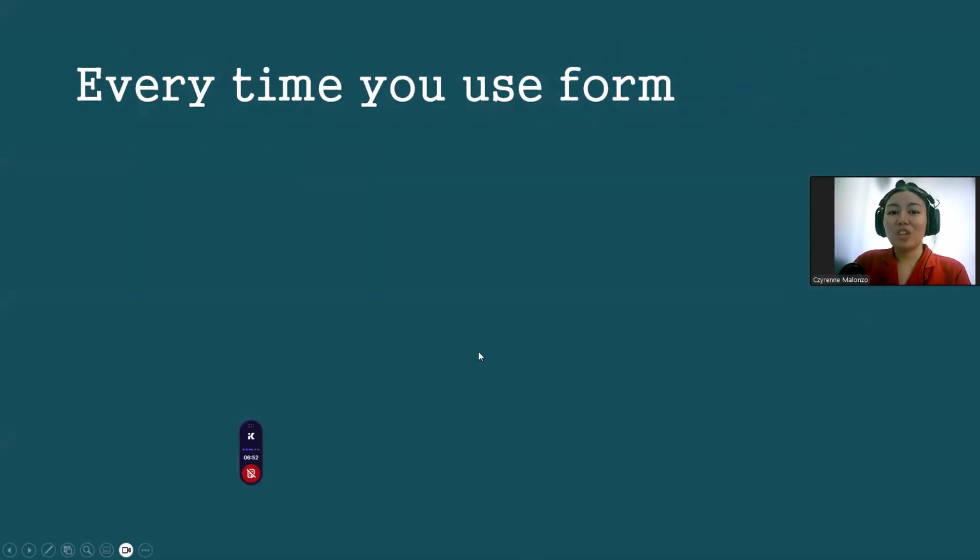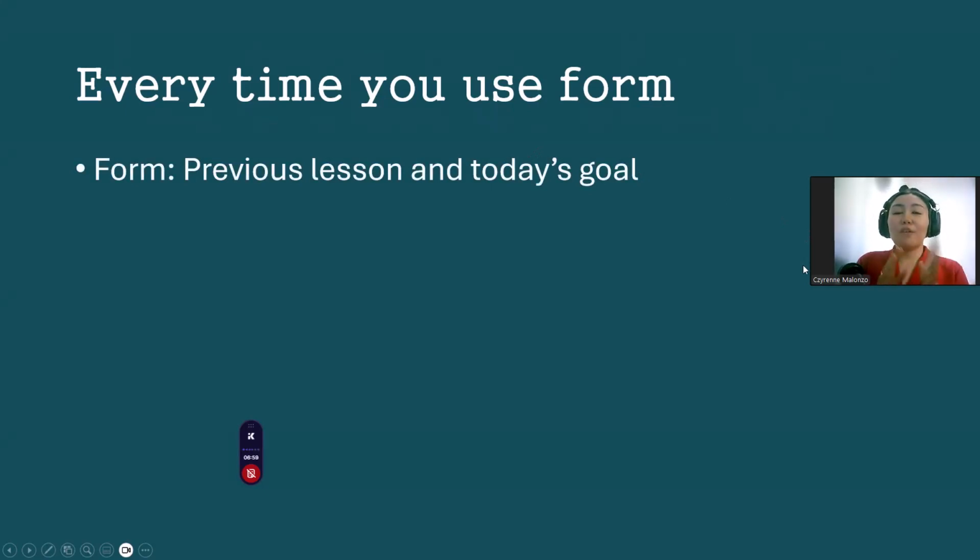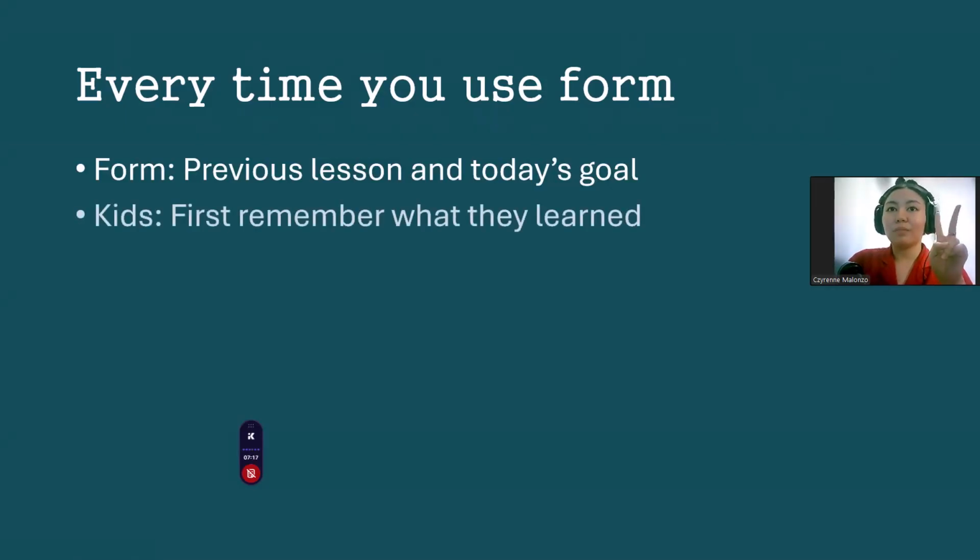One suggestion is to use Google Forms. In a form, you will have your previous lesson and today's goal. So, your Google form has two parts, previous lesson and today's goal. First, your kids will remember what they learned the last time.